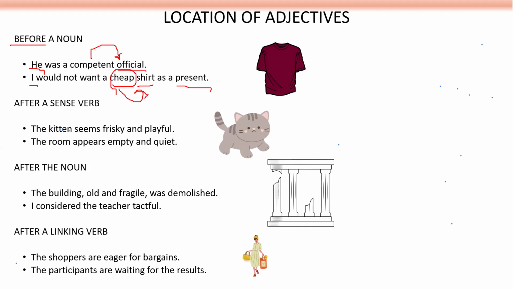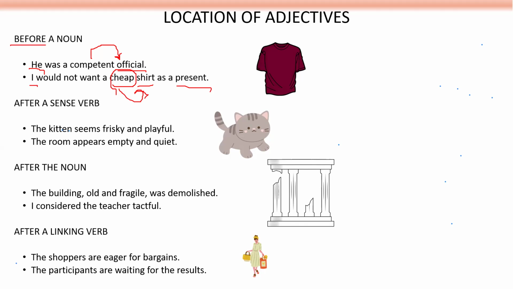Okay? So this time, the location of the adjective is after a sense verb. As given in the example, the kitten seems frisky and playful. The sense verb is seems, and the adjectives that were used are frisky and playful. All right?